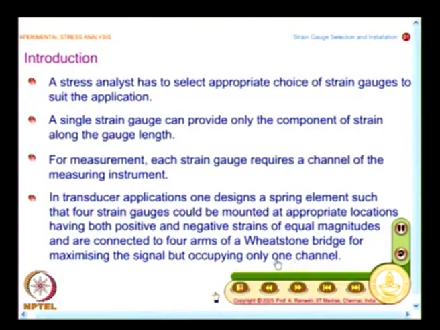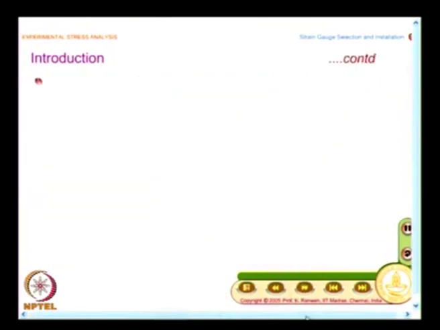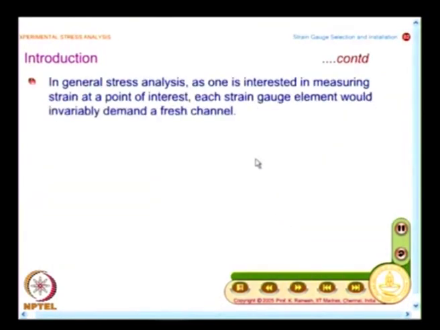So, what decides the channel is how many Wheatstone bridges you are going to use for measurement. So, do not make a mistake. If you have a delta or rectangular rosette, connect all of them in one Wheatstone bridge. You do not have any interpretation to such type of connection.